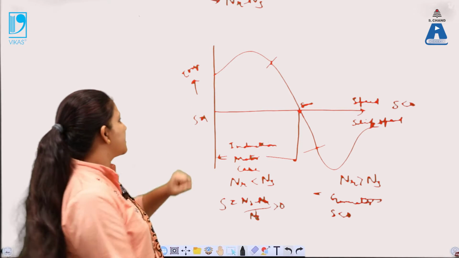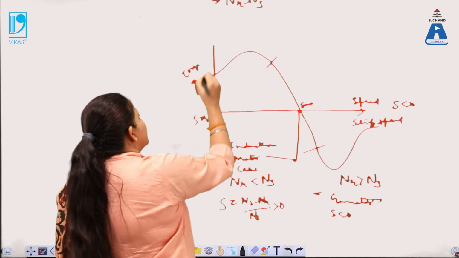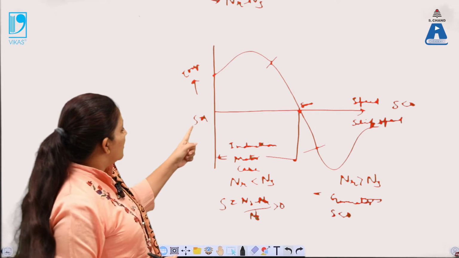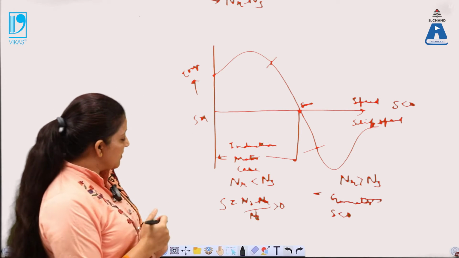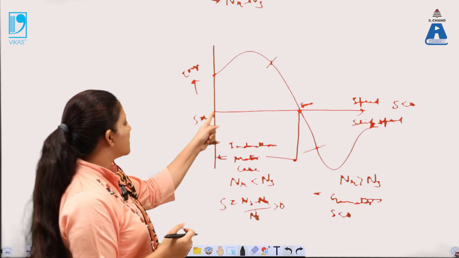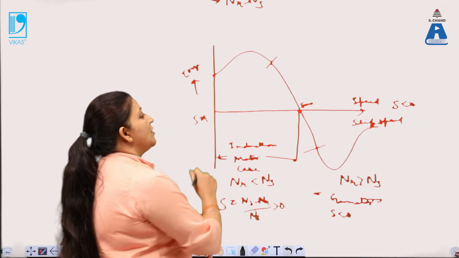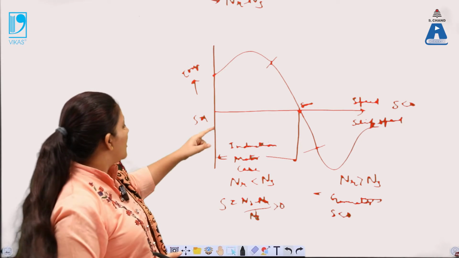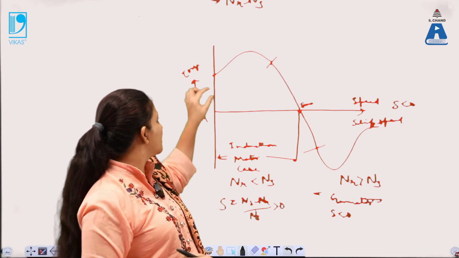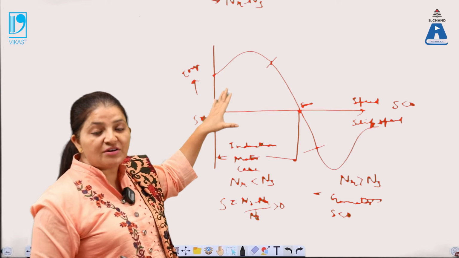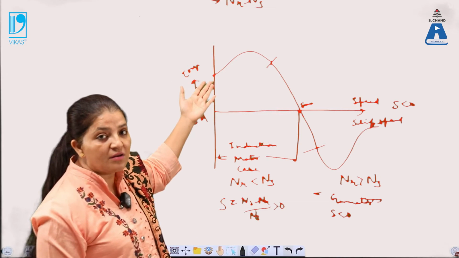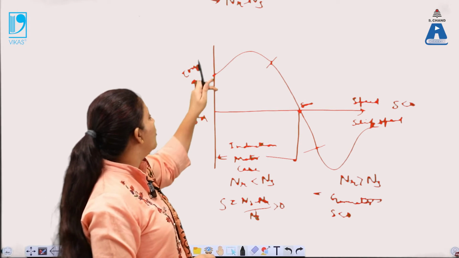Now firstly, the starting point. Here if this is the starting point, slip is 1. How is slip 1? This implies that at the starting, NR is 0. That means the speed of the rotor is 0. If the speed of the rotor is 0, at this point some trigger is required over here. Some initiating value must be given.